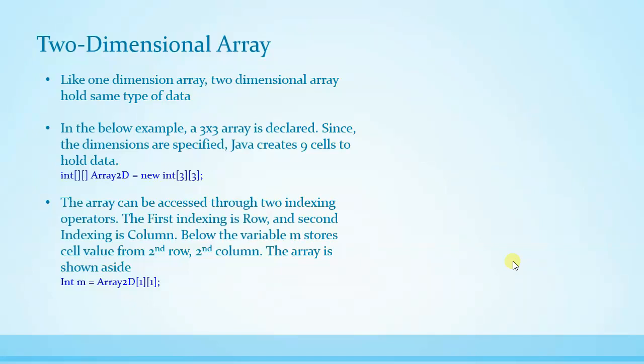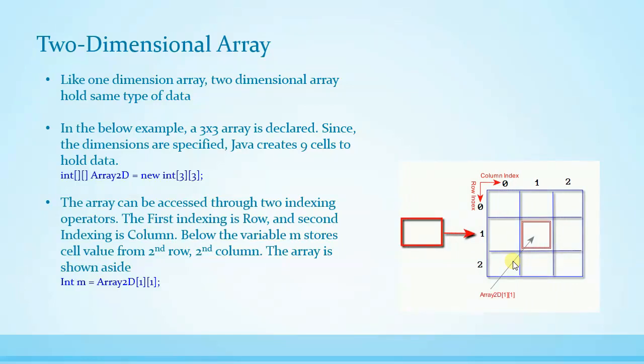You can see that in the picture aside. Here this is a 3 cross 3 array, and you can see the column index 0, 1, 2, then row index 0, 1, 2.